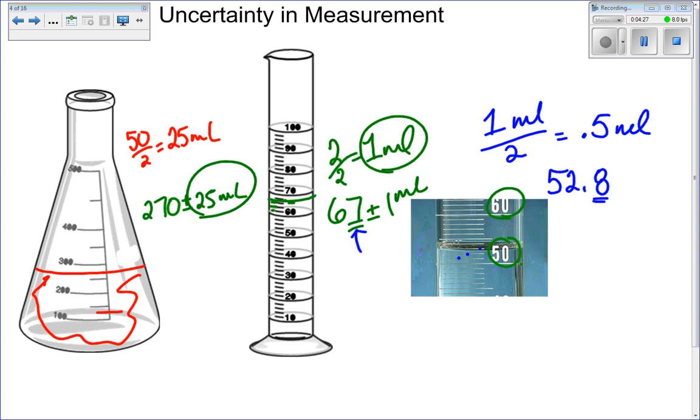Actually, on this one, on this 270, I'm not even sure of the 7. So this one would be 52.8 plus or minus 0.5 milliliters. So that's what we do when we're measuring uncertainty of measuring devices.